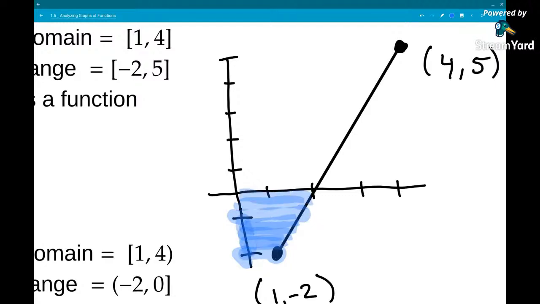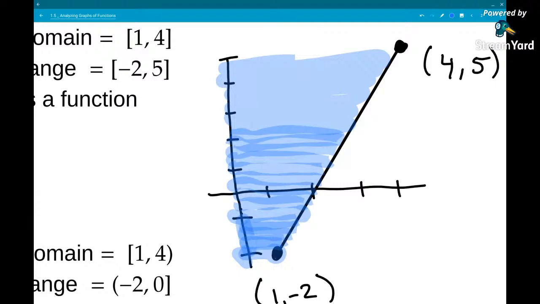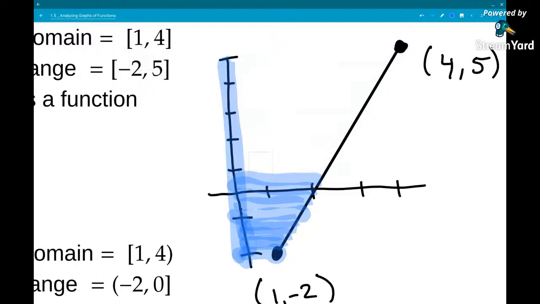So if I shade to the y-axis, if I go from my graph to the y-axis all the way through, all of these y coordinates, and that's my claim, are accounted for. So my range is from -2 to 5. So that's it. That's all I have to say.